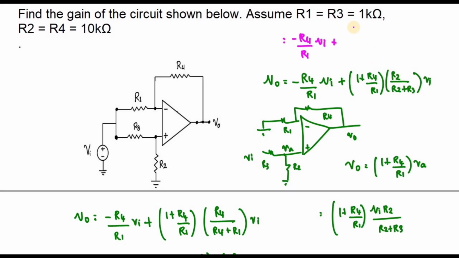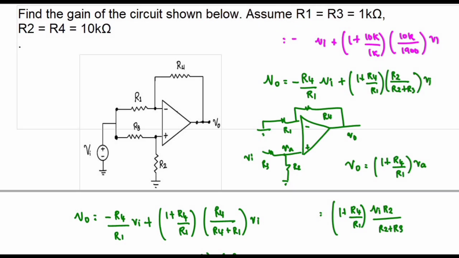R3 is something else. So what is my 1 plus this: 10K divided by 1K, since they have changed the value only of R3. So this is R2 as 10K and this is 1900 VA, and here this is nothing but 10, so this becomes 11.